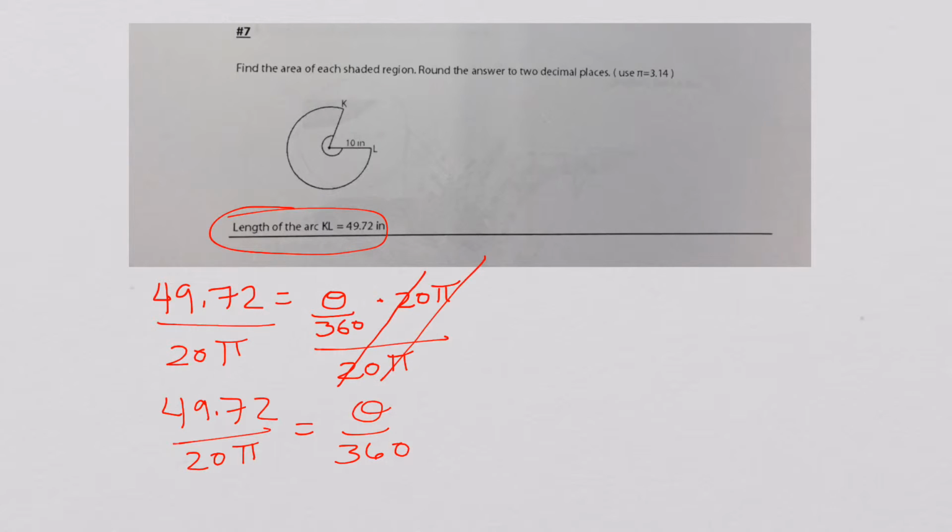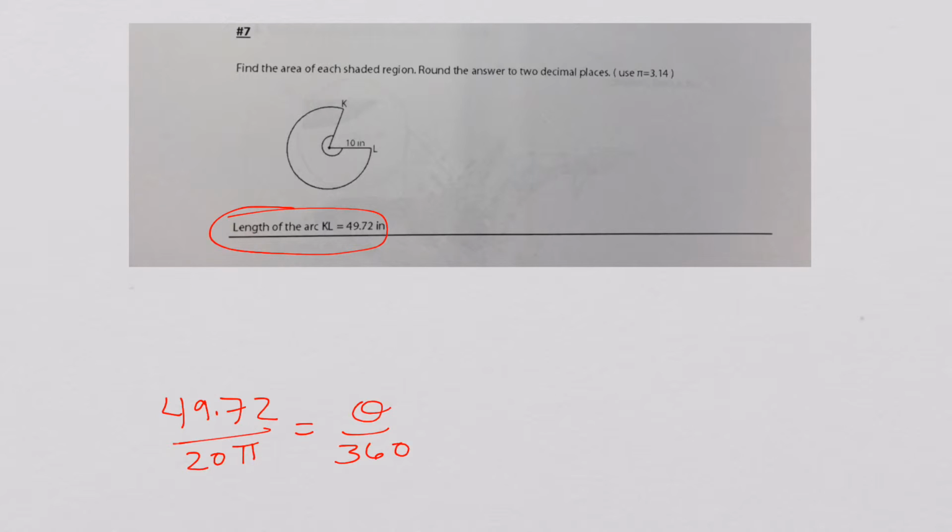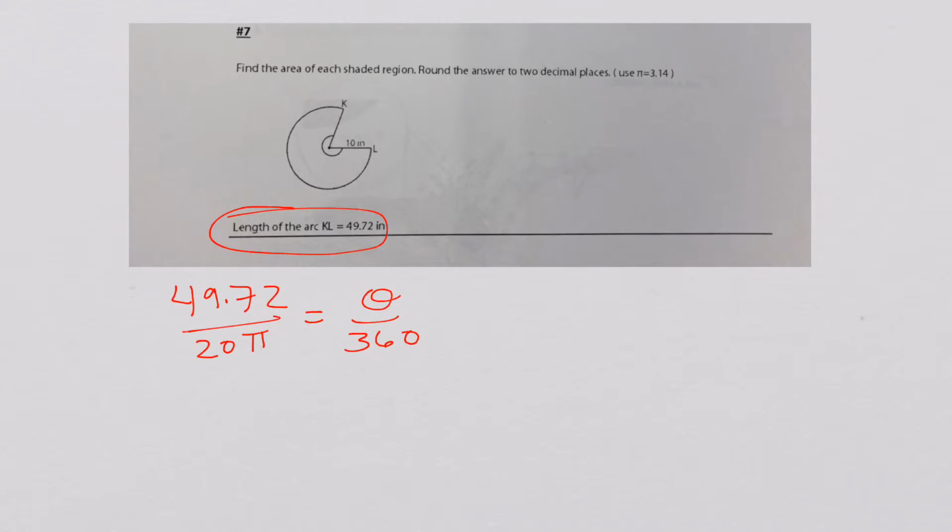Now, at this point, you can cross multiply, just like you've done in the past. The way we could go about this is take what's on top on the left with what's on the bottom on the right and multiply those together.